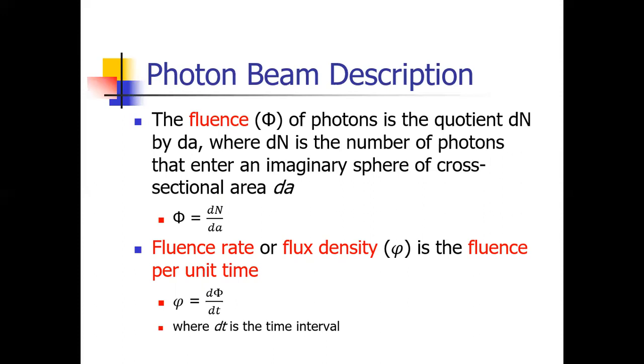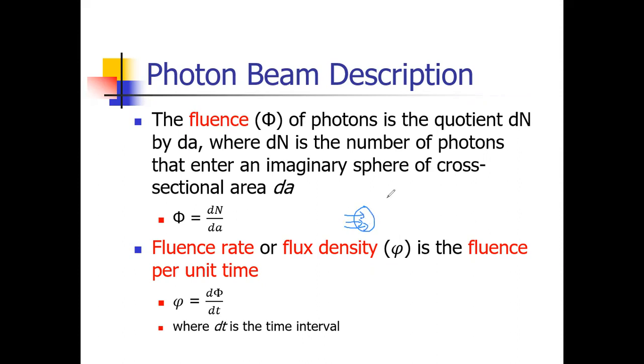Let me go ahead and load up my tablet here, and I'll give you a visual description. I'm going to draw this at a little bit of an angle. You've got a certain amount of area here, and you have all of these particles making their way through.